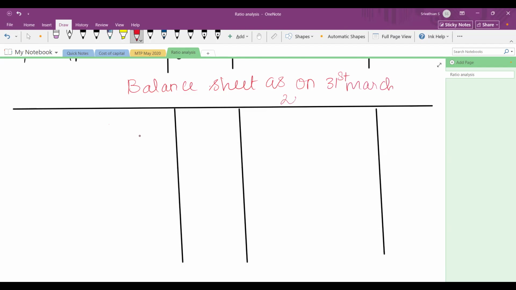Liability and amount, asset and amount. First we have fixed asset. What is the amount of fixed asset? Fixed asset is equal to 26 lakhs.